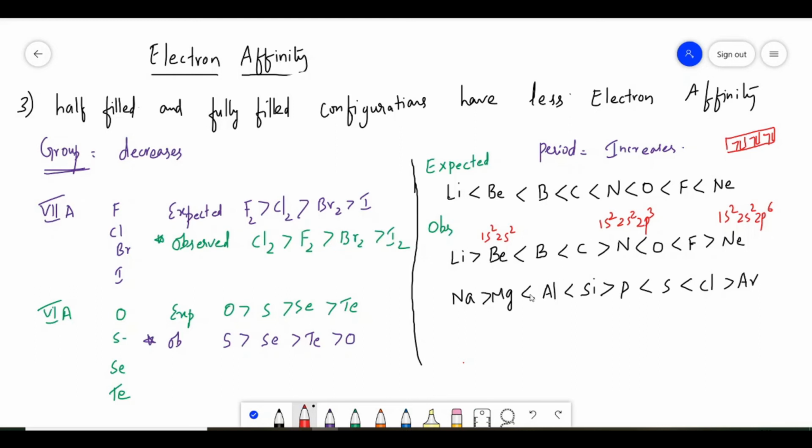So this is electron affinity. Next, after electron affinity, the next topic is electronegativity.